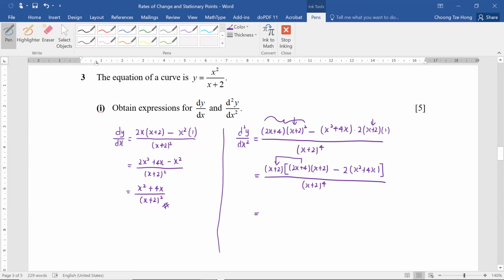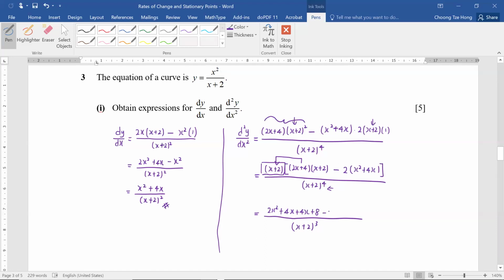Then over here, what we want to do is simplify inside the square brackets. But you should also notice that over here you have the x plus 2 term, right? So you can cancel off with one of the x plus 2 terms below. Below is (x plus 2) to the power of 4, which means that this will just leave the bottom with (x plus 2) cubed. Then now we simplify inside the bracket. So expand. We will get 2x squared plus 4x plus another 4x plus 8.